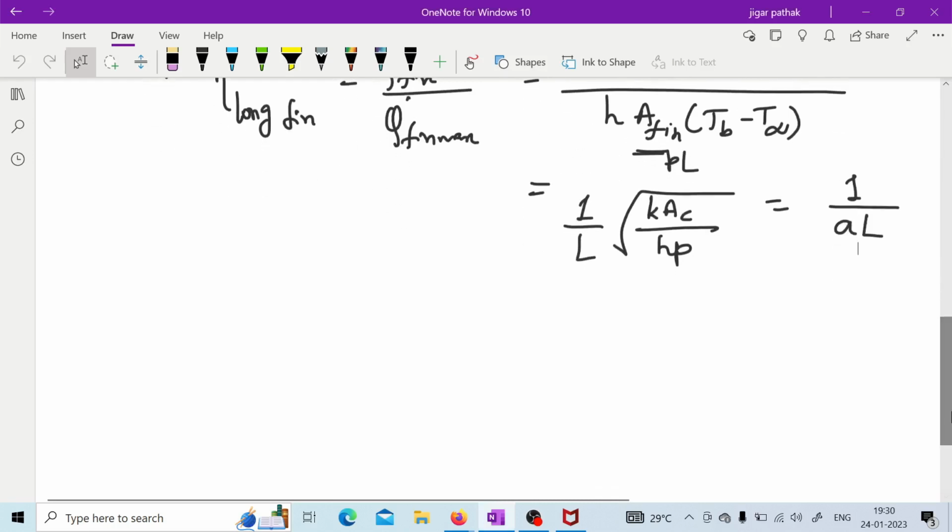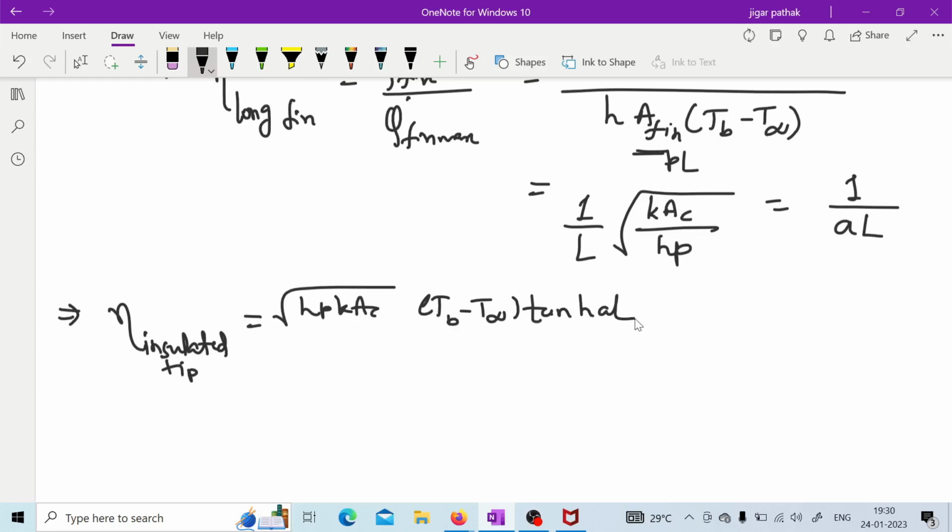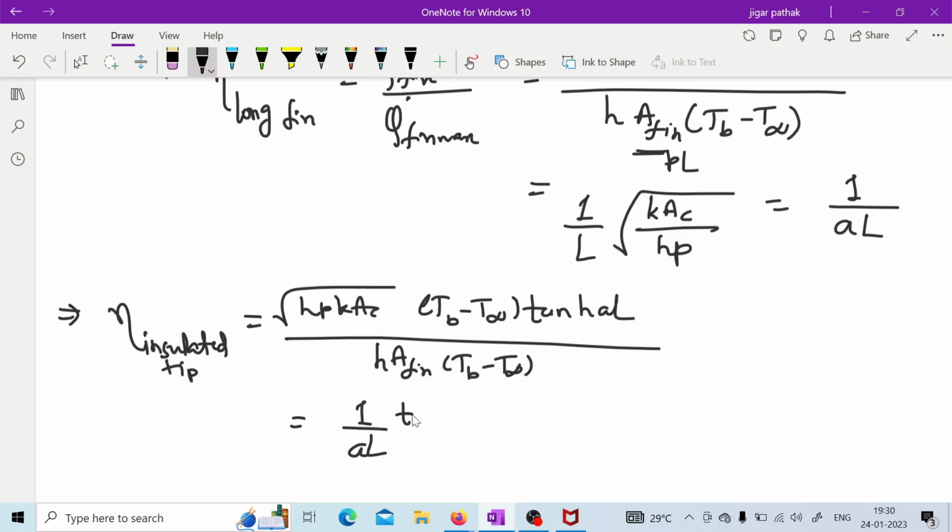Now if you change the case to the insulated tip, the actual heat transfer is the square root of h P k A_c times (T_b minus T infinity) times tanh(aL), where a is the square root of h P by k A_c. The maximum heat transfer, h A_fin into (T_b minus T infinity), will remain the same. What changes is that it is multiplied by tanh(aL).